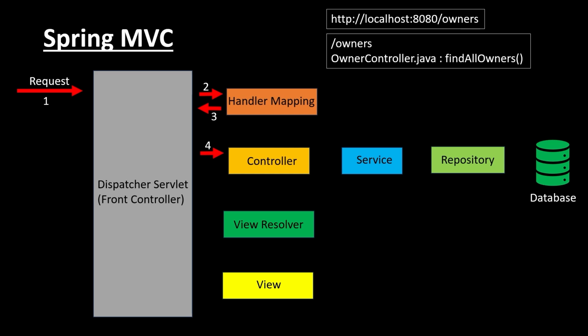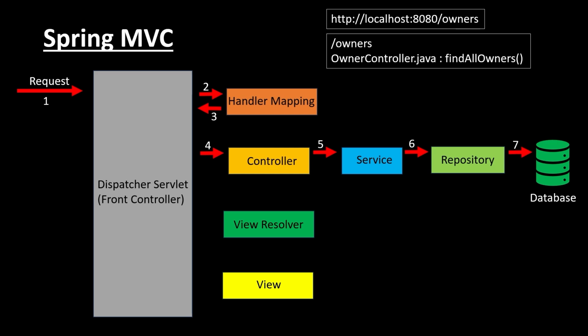Now on this method also there will be an annotation, which I will tell you in the next video, but there it is going to mention /owners. Then from this controller it will be invoking the service. Obviously it will get autowired, so that will be invoked. Then it is going to invoke the repository. Then it is going to invoke the actual database.